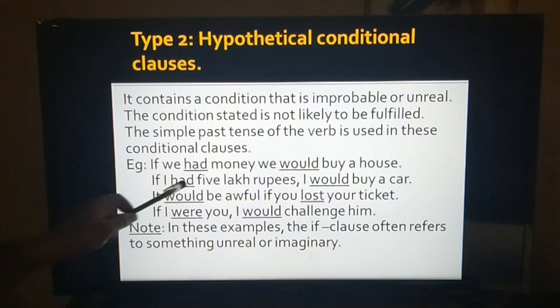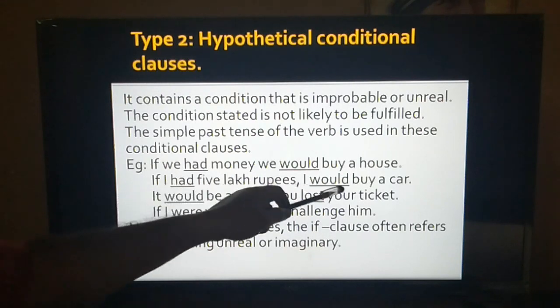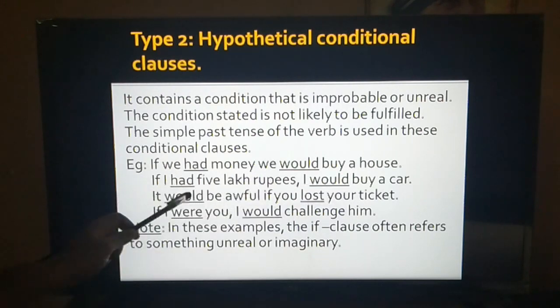If I had 5 lakh rupees, I would buy a car. It would be awful if you lost your ticket. If I were you, I would challenge him. If we start with the if clause, a comma is necessary after that. And in all these cases, the simple past form is used.